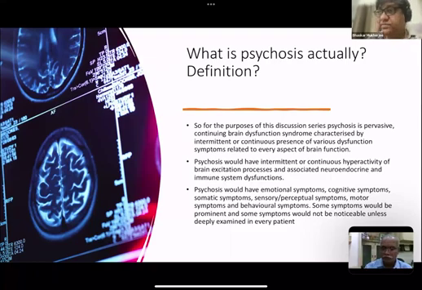Psychosis would have emotional, cognitive, somatic, sensory or perceptual, motor, and behavioral symptoms. Some symptoms would be prominent, some not so noticeable unless deeply examined in every patient. But the dysfunction would be characterized by dysfunction in each symptom domain. This would be our definition, according to which we would try to demystify various phenomenology.